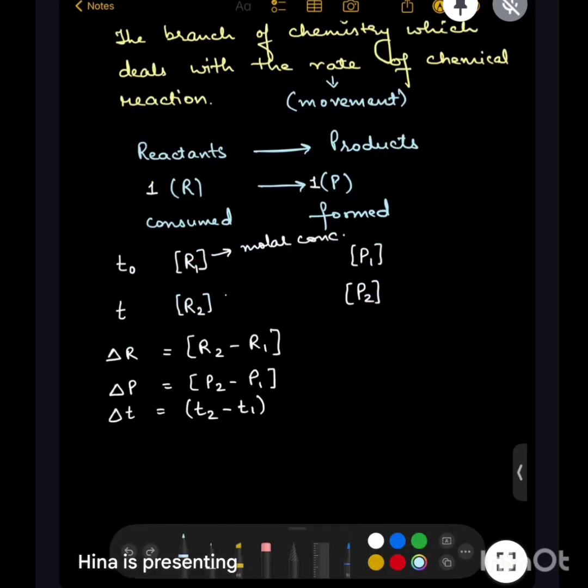R2 will be less than that of R1 since the reactants are being consumed, and we know the products are getting formed, so P1 will initially be less, but after a certain period of time, as the chemical reaction happens, the concentration of the product increases.